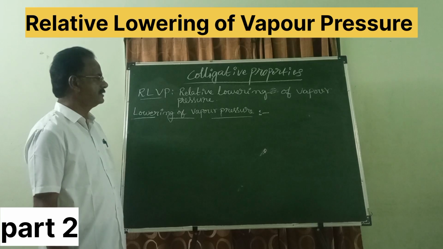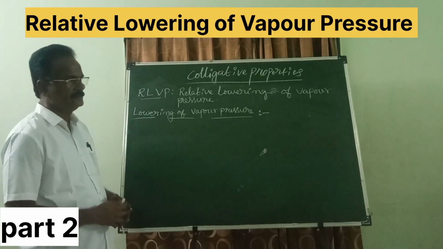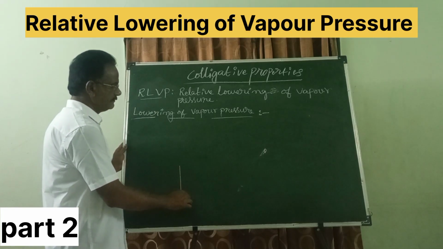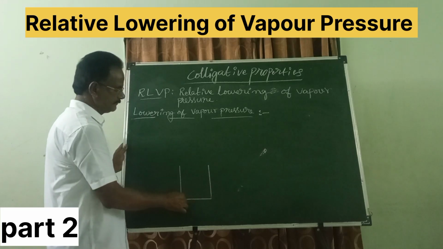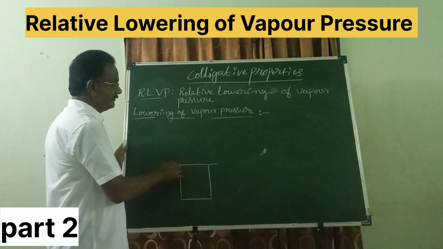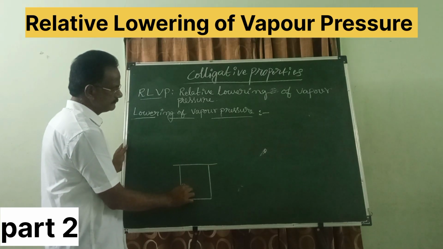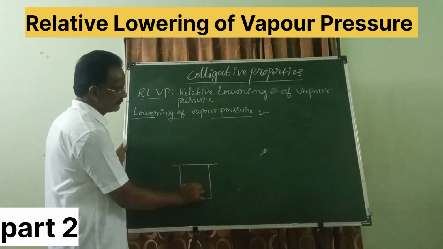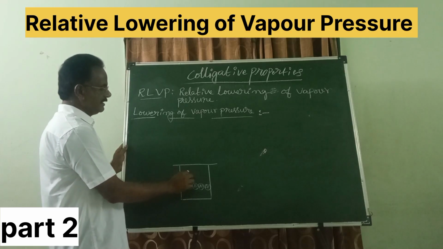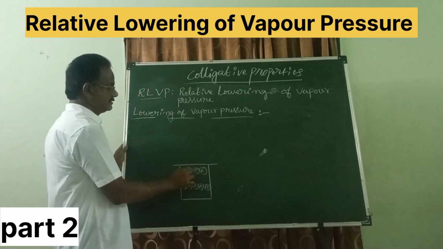Now let us see what is lowering of vapor pressure. Let us see first the illustration regarding lowering of vapor pressure. As we discussed in the case of vapor pressure, if you take a volatile solvent in a closed container, the situation is like this.